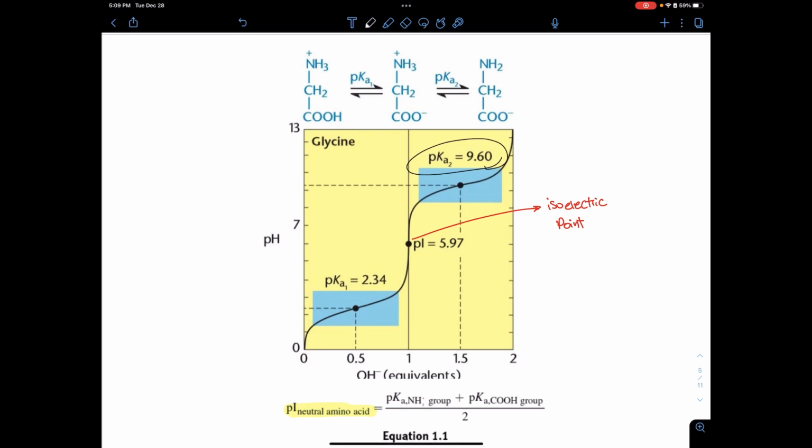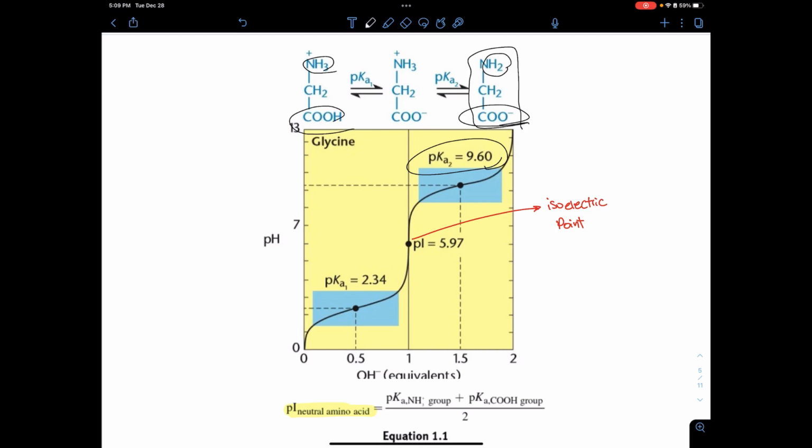We can see here, after the pKa2, if we increase the pH, the amino group loses its hydrogen, and the carboxyl group lost its hydrogen at the pKa of 2.34.